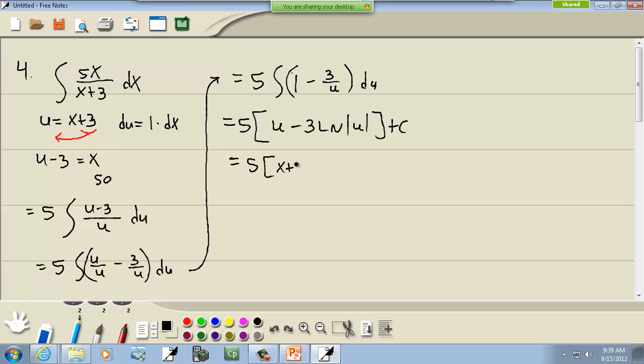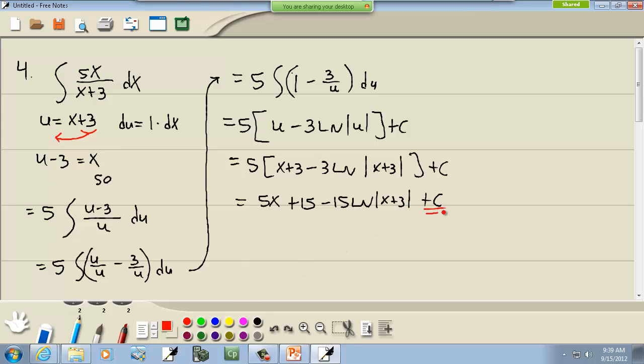So we got x plus 3 minus 3 natural log of the absolute value of x plus 3 plus c. If I multiply that 5 through, 5 times x is 5x, 5 times 3 is 15, 5 times negative 3 gives us negative 15 natural log of the absolute value of x plus 3 plus c.